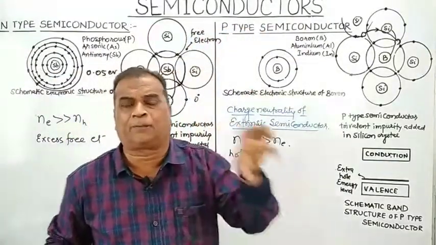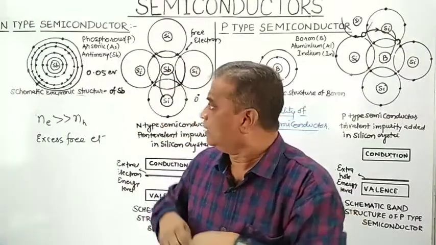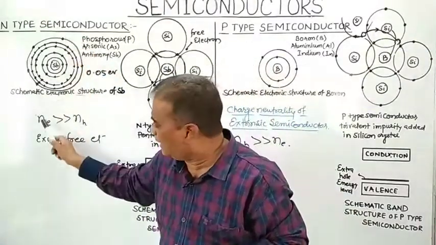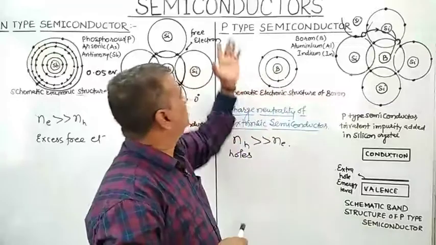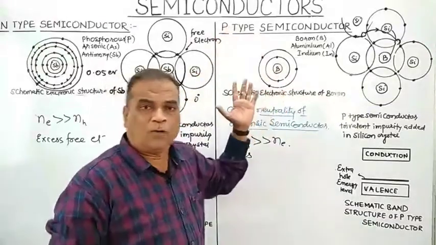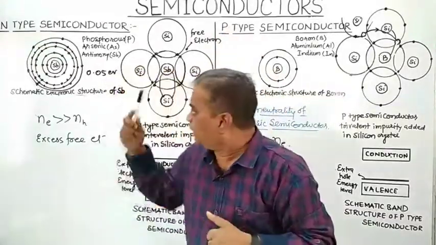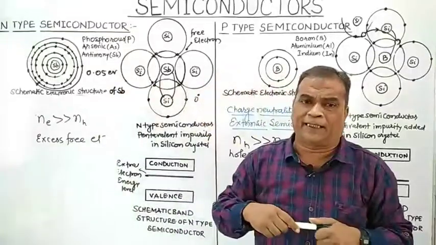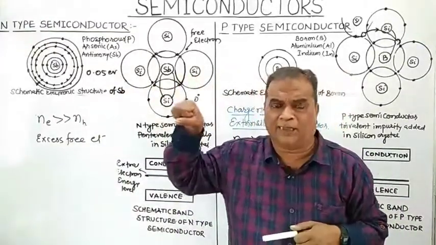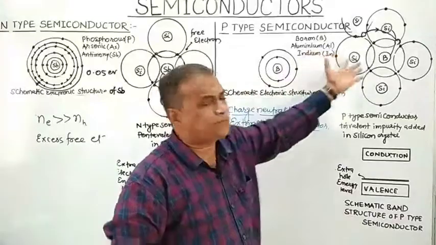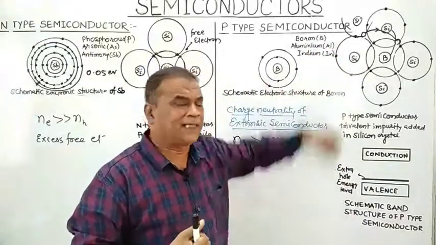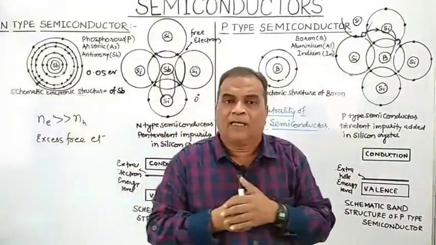Means the acceptor atom is electrically neutral, the donor impurity atom is electrically neutral, so both N-type and P-type semiconductors are electrically neutral, even though the N-type semiconductor has an excess of electrons and the P-type semiconductor has what? An excess of holes. Because the donor impurity atom becomes positively charged by donating an electron, and the acceptor impurity atom becomes negatively charged by accepting an electron.